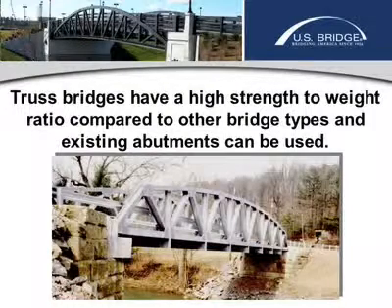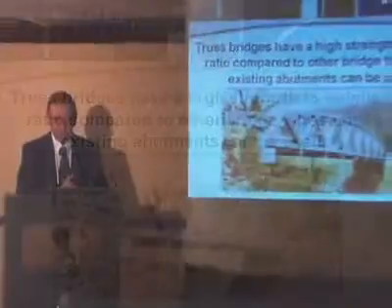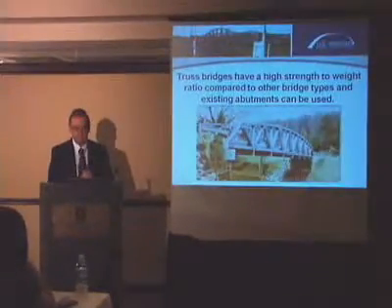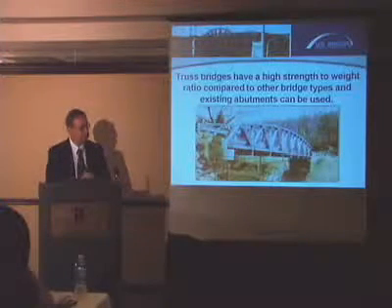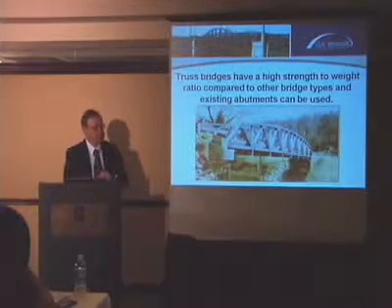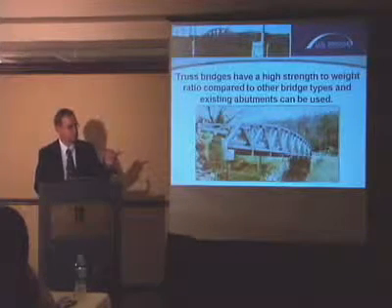Truss bridges also have a high strength to weight ratio, and you can use existing abutments. In this case, this was a very rural bridge down in West Virginia. The state highway forces removed the old pin-connected through truss. It was a case where the school buses could not cross the old bridge.